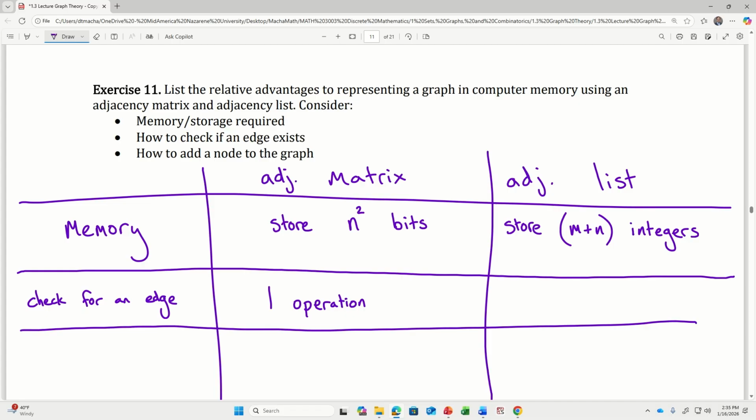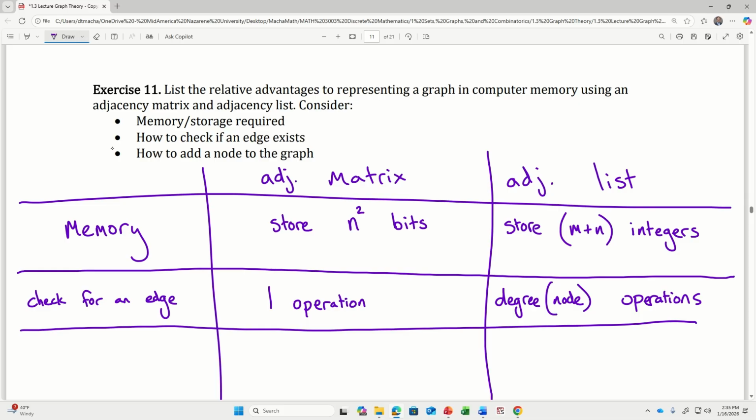I have to go through the full sublist to figure this out. And so the number of operations is actually the degree of the node operations for checking whether or not an edge happens to exist in that adjacency list.